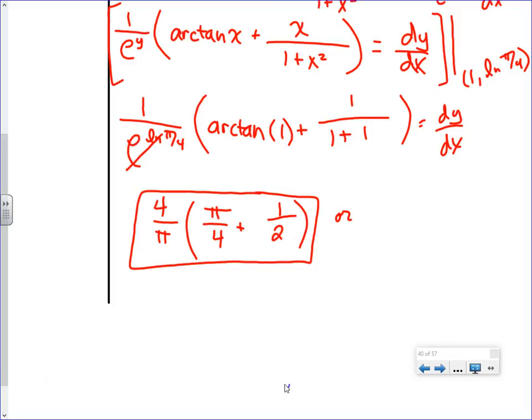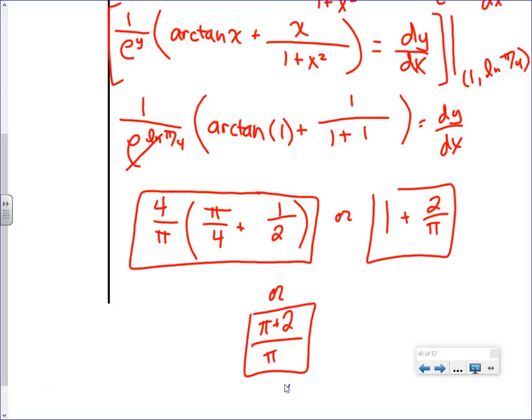If you distribute, the 4's cancel, the pi's cancel, so that'd just be 1 plus, and if you distribute again, the 2 and the 4 cancel to be 2 over pi. So it could be that one. Or, if they had gotten common denominators, times pi over pi, that'd be pi plus 2 all over pi.